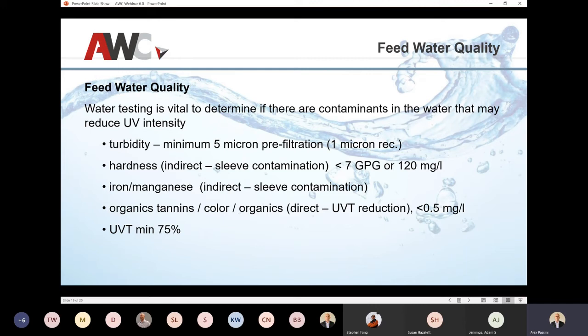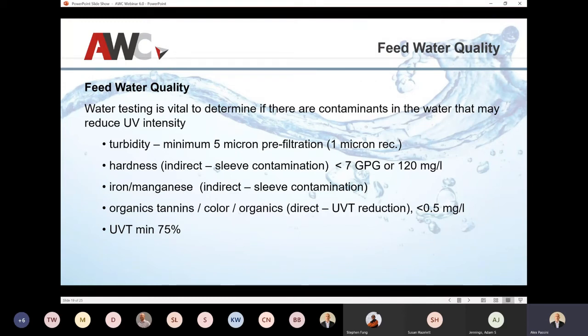If you have any kind of dirt in the water, your bacteria or microorganisms are going to attach onto the turbidity. When you try to hit it with UV light in order to disinfect it, there's going to be shadows in the water, which basically means it's not going to achieve the level of inactivation that you're trying to achieve. So that's why UV manufacturers will always have a minimum of a 5-micron pre-filter going through any one of their systems.